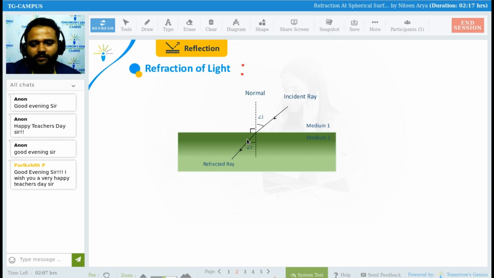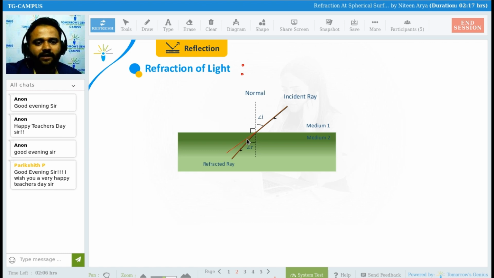So as you can see here as well, this is your incident ray, and the incident ray is going to bend a little bit. If it is not bending, the light ray would have passed in a straight line. So this particular shift is because of refraction.